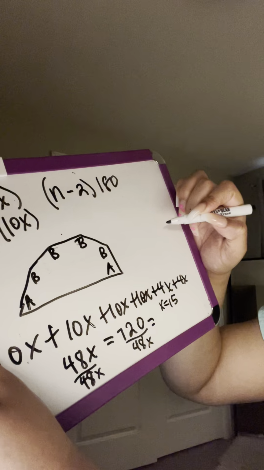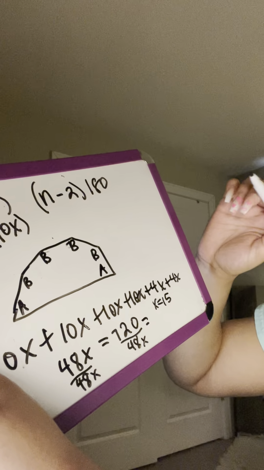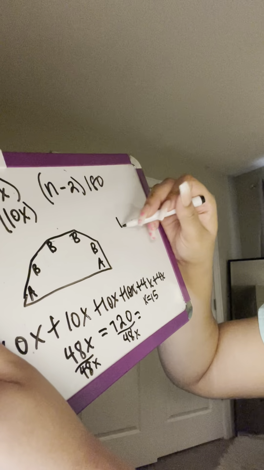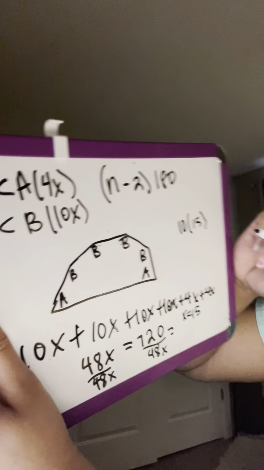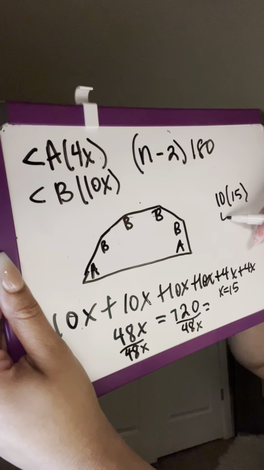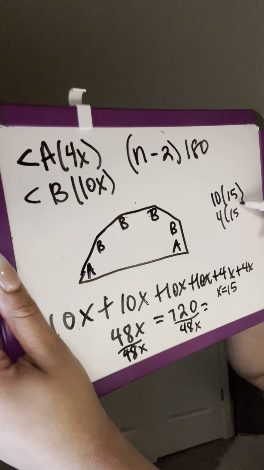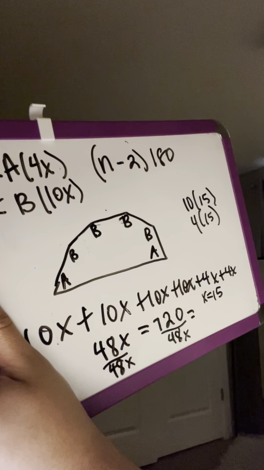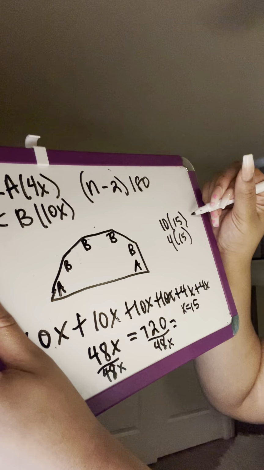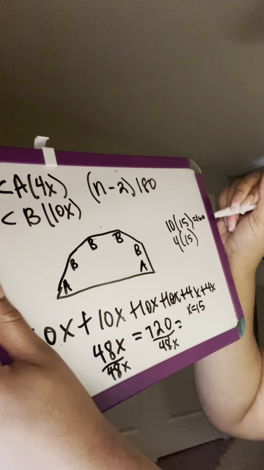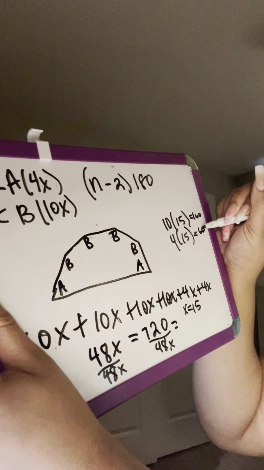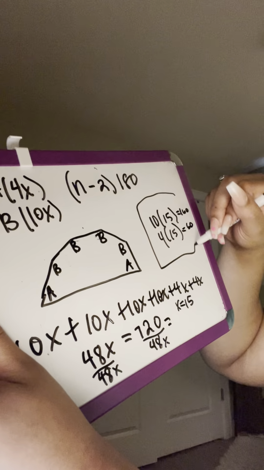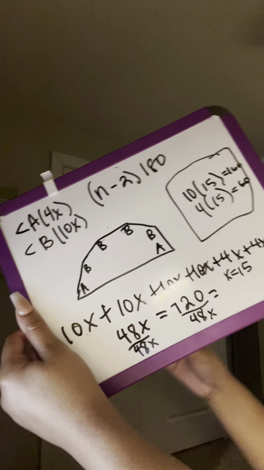For B, it's going to be 10 times 15, and then for A, 4x, it'll be 4 times 15. So you'll get 150 for this one, and then you'll get 60 for this one, and those are your answers.